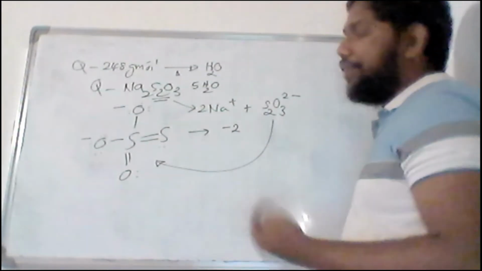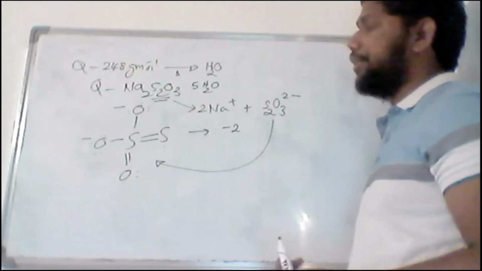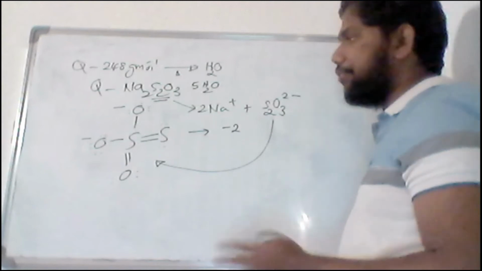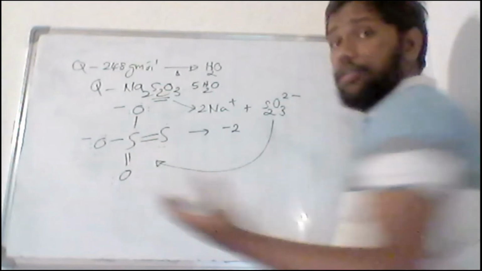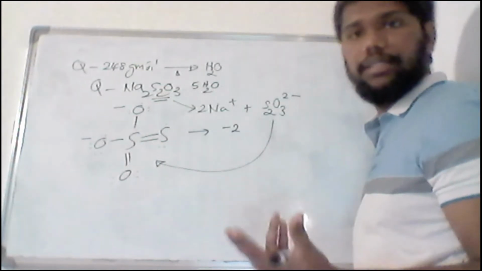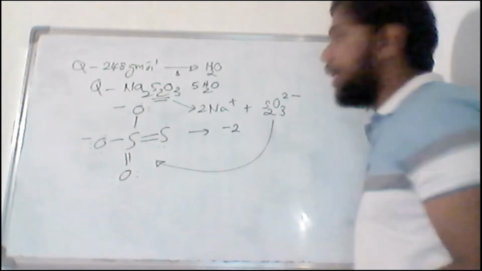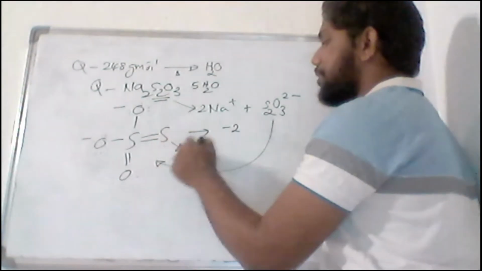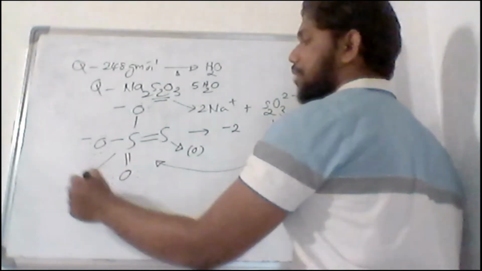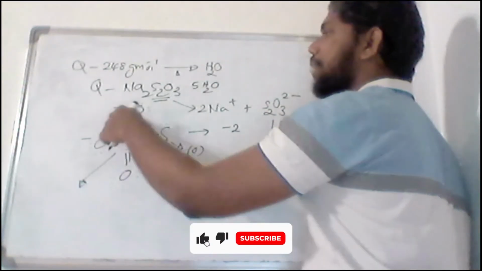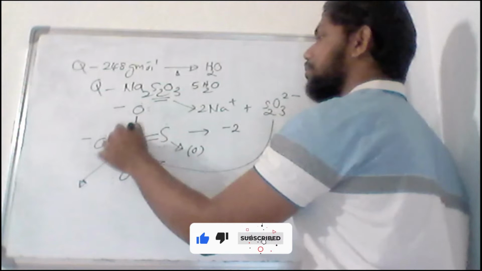Okay, so just to give additional information, let's check the oxidation state of each of these sulfur. This sulfur bonds to another sulfur where the electronegativities are the same, so we can conclude this oxidation state is 0. Then what about this sulfur? We have -1 and +1.